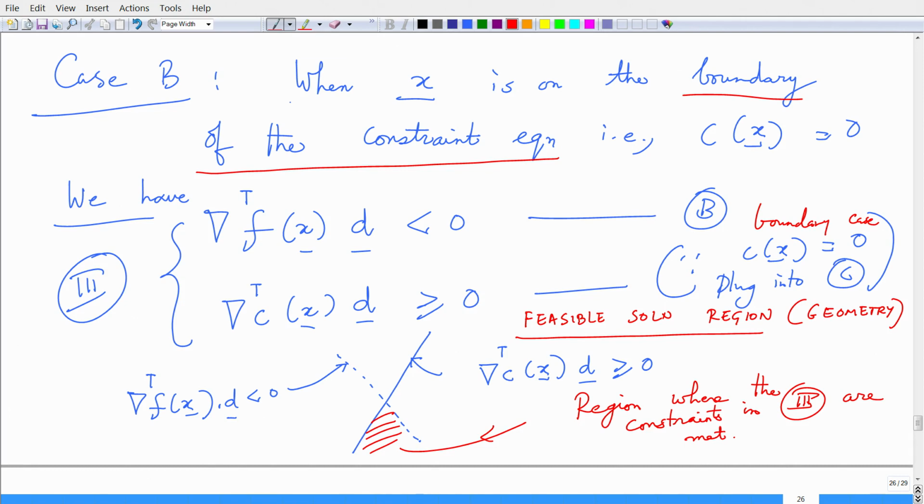Now, del f transpose D is less than 0 is this open half space, that is I put this dotted line which indicates del f dot D equal to 0, that is the equation of my hyperplane, and everything which is lying below this line, I just indicate this in blue shade, that is my region.